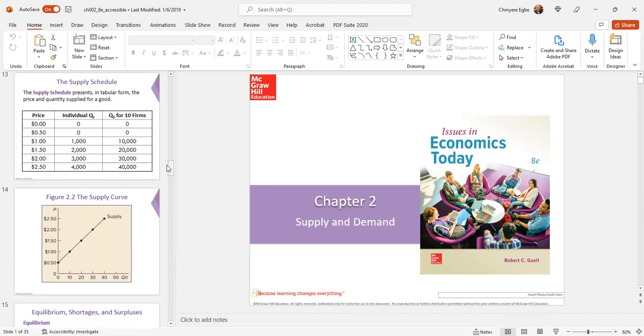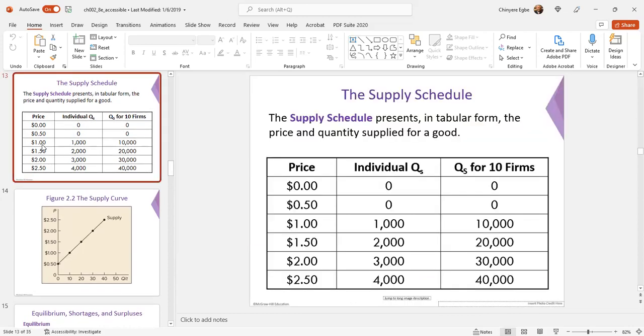Okay, for example, if you read this graph, what is the quantity supplied when the price is 1? This is the individual. This is for the market.